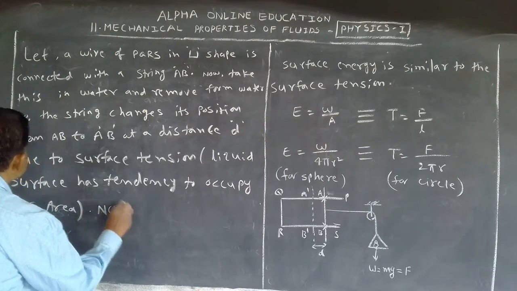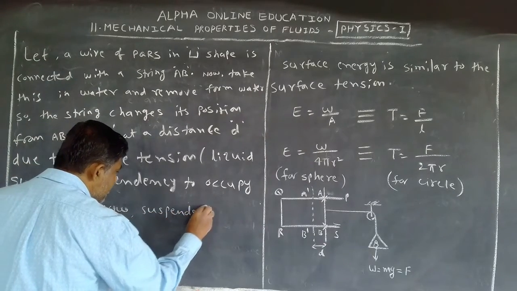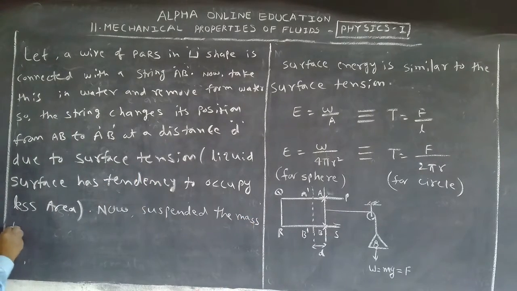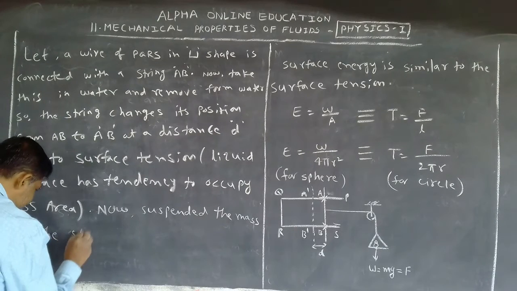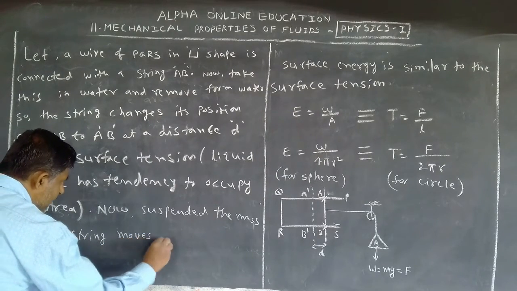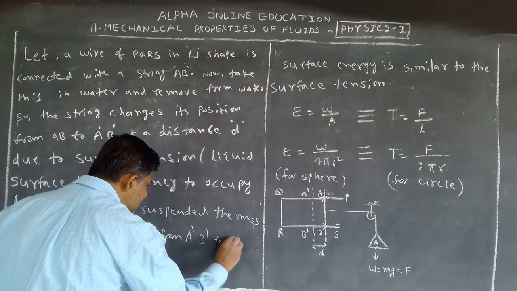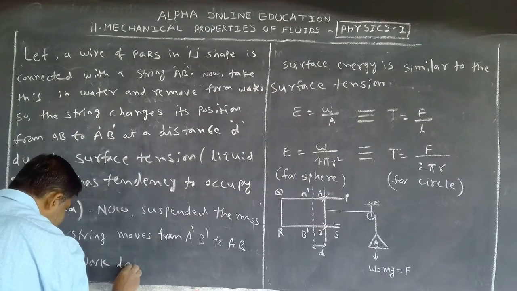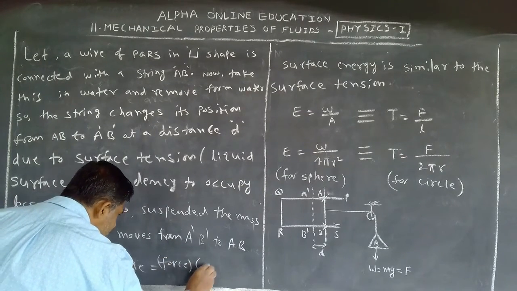Now suspend the mass till the string moves from A dash B dash to AB. Work done is equal to force into distance.